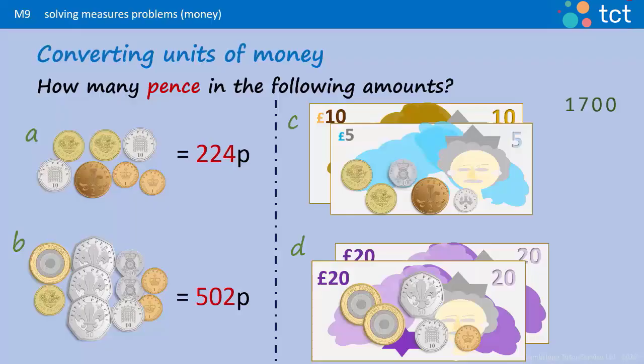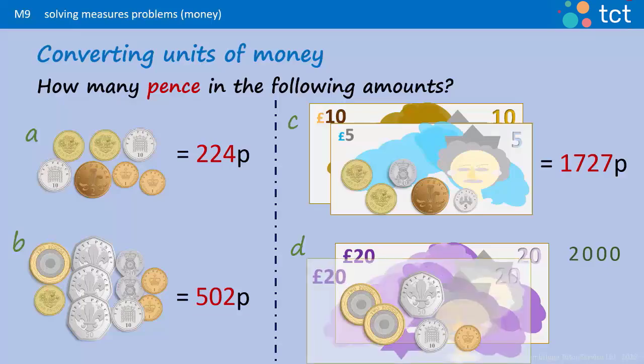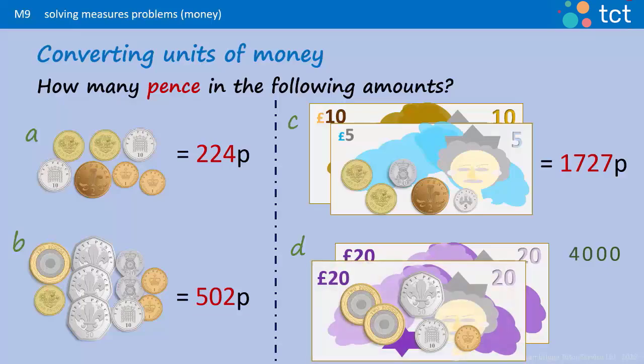A 20 pence coin, so that's 1,720 pence, add 7 pence. So C is 1,727 pence.